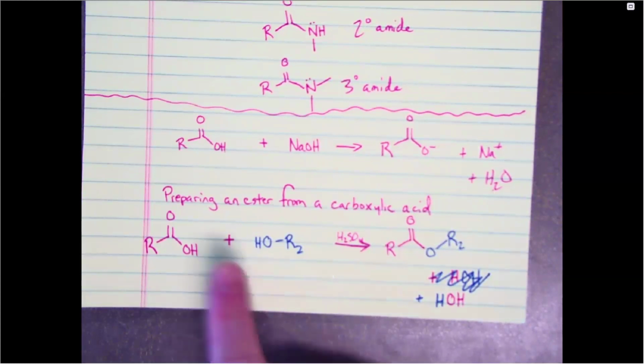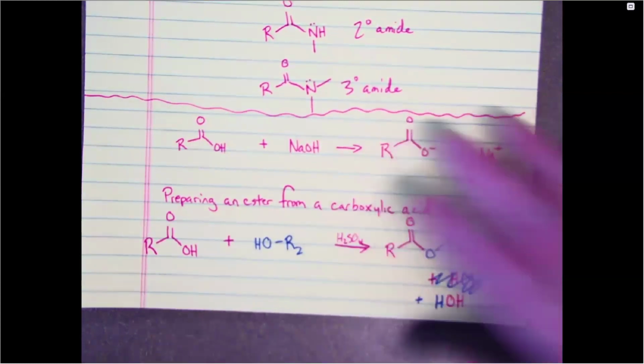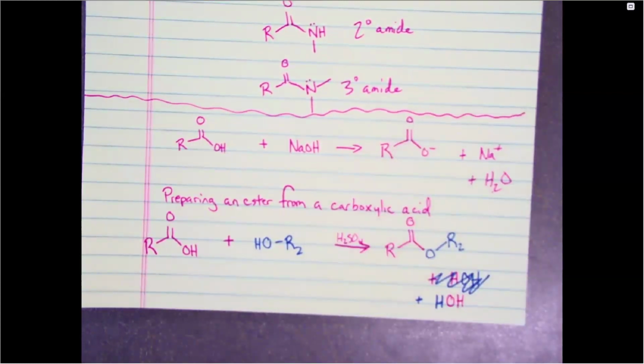So let's try and look at a couple of specific examples of this. We'll color code the first one, and then after that, we'll stop color coding. Notice also that this kind of reaction is very, very similar looking to the way that we make acetals with aldehydes and ketones. It's the exact same reaction conditions. We treat with some sort of alcohol and an acid catalyst. The difference is what we're starting with.